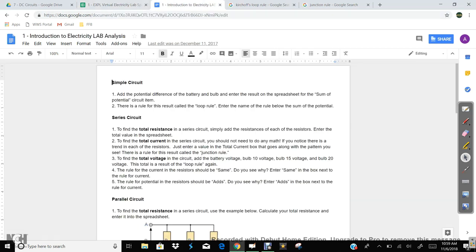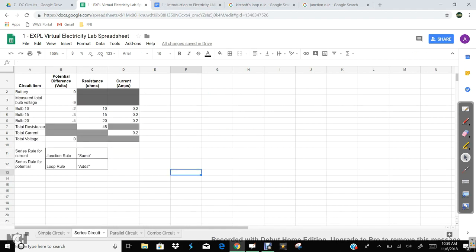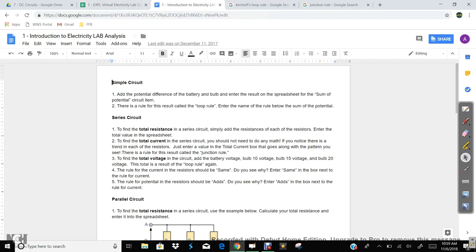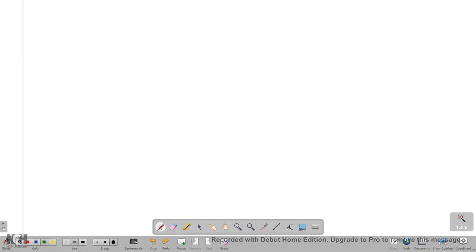All right, so let's go ahead and move on to the series circuit here. The first step, it says find the total resistance in the circuit, and to do this we just need to add the resistances of each of the resistors. And this is very simple for a series circuit, so I'm going to say RS for series resistance is equal to all of the resistances added up.